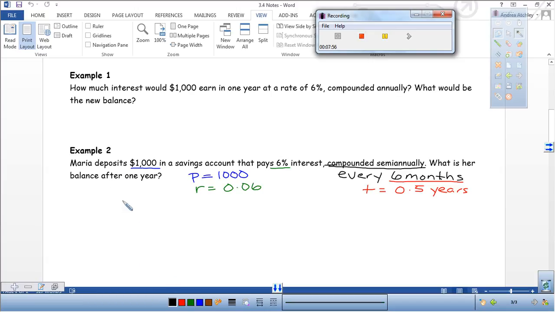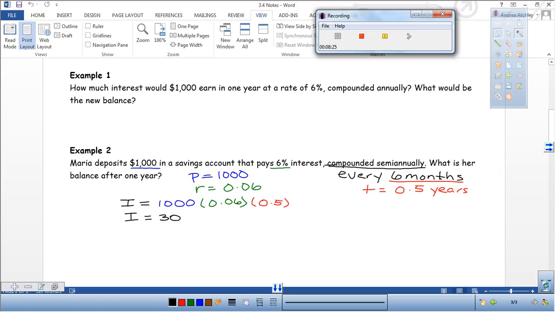We're going to use our interest equals the principal times the rate times the time, and that's going to give me 30. Okay, does that make sense? But that's the first time.